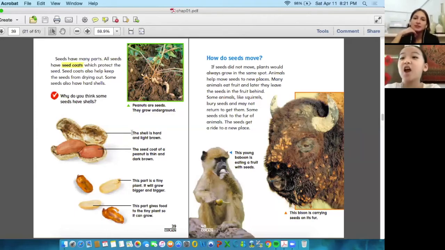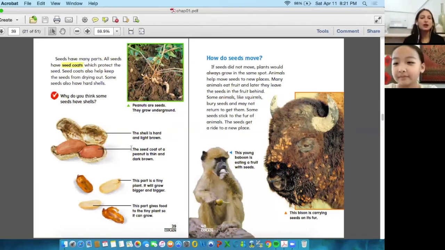The shell is hard and light brown. The seed coat of a peanut is thin and dark brown. This part is tiny. This part is a tiny plant. It will grow bigger and bigger. This part gives food to the tiny plant so it can grow.